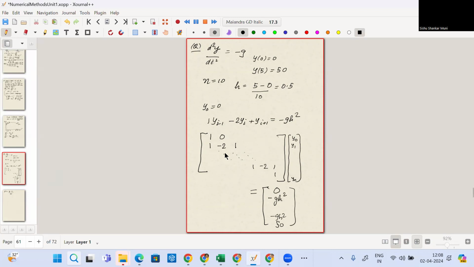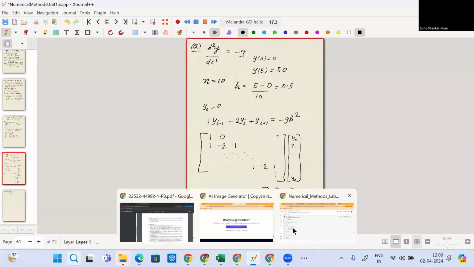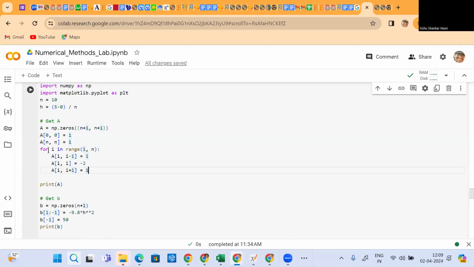Now 1 will be coming here, and minus 2 will be coming below 1. So this 1, minus 2 array is getting shifted to the right as you progress through more rows. The same is being done here in the for loop.